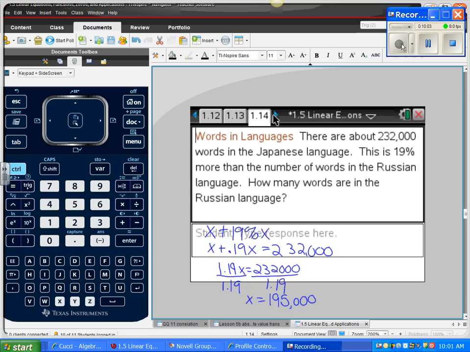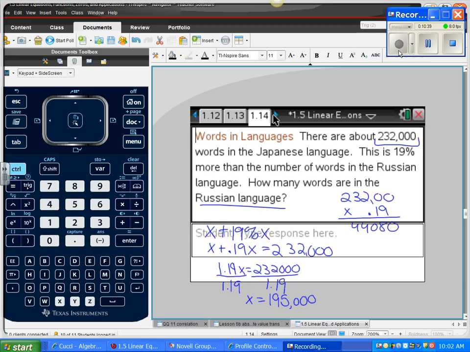The other way we could have done this is we could have looked at 232,000 and figured out what 19% of that number was, and then added it to 232. I'm sorry, subtracted it. We have fewer words in the Russian language. So that's the other way you could have done it. You could have taken 232,000 and multiplied it by 0.19, and you would have gotten 44,080.